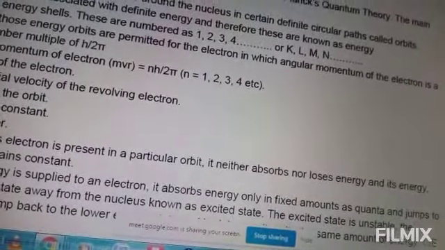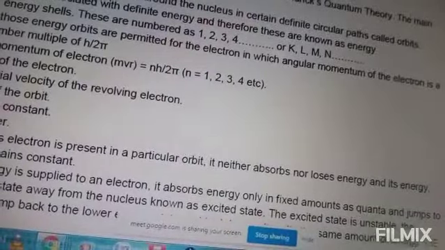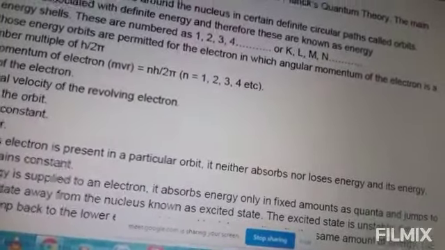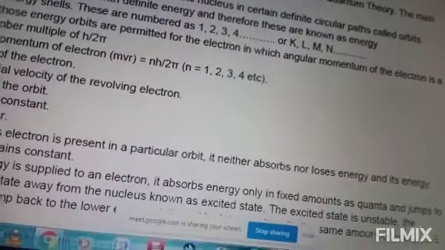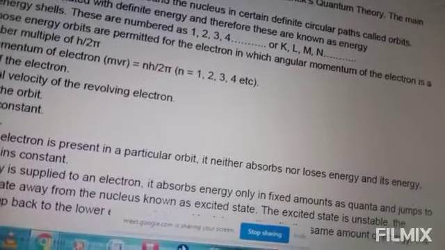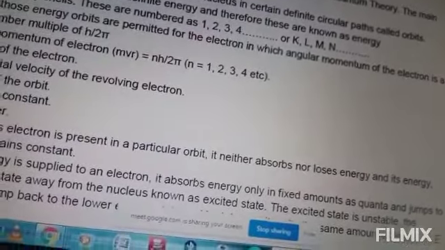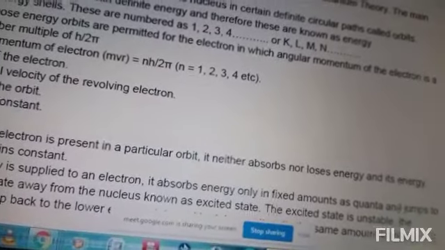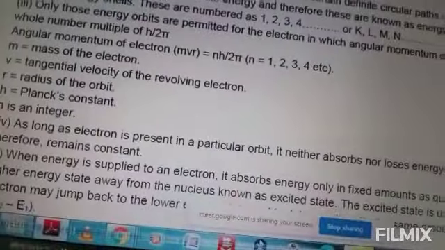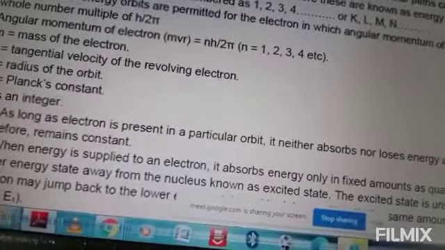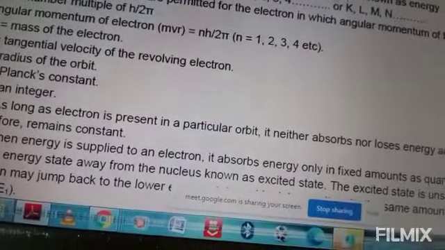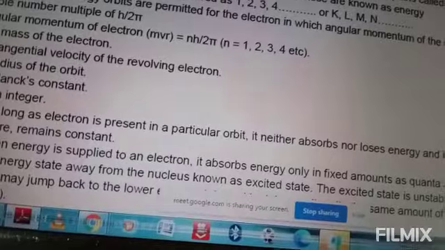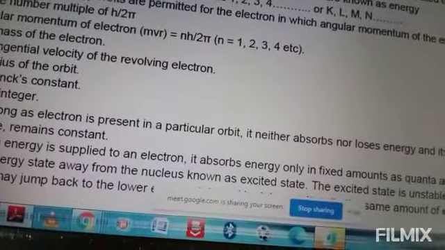A free electron at rest is an electron that is infinitely far away from the nucleus and is assigned the energy value 0. That means if the electron lies in the free state, it is very far from the nucleus, and in such cases the energy is assumed as 0. So E of infinity is equal to 0. You need to take it.